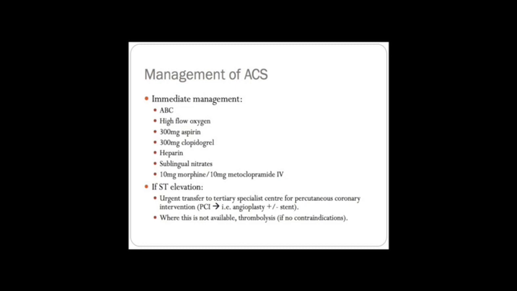Now, the key thing here is when you look at the ECG, if you see ST elevation, the patient needs urgent coronary intervention, and ideally they should be transferred to a tertiary centre where they can have immediate percutaneous coronary intervention, in other words, angioplasty and a stent, in order to relieve the obstruction to the affected blood vessel. However, where this isn't available, you can also thrombolyse a patient.